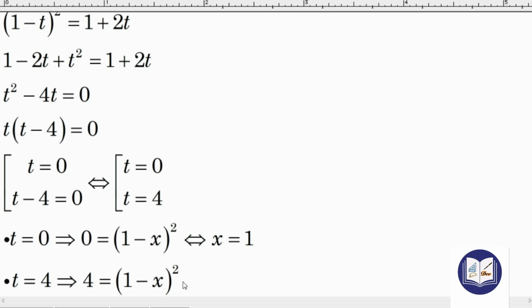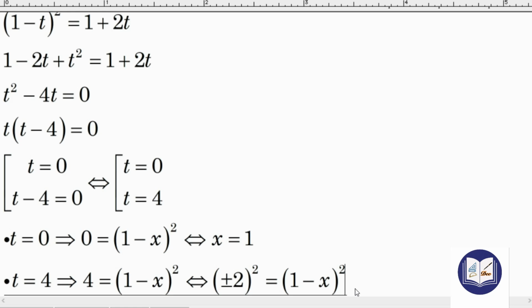That will be equivalent to, here we have 4, which could be written as plus or minus 2 all squared, equal to (1 minus x) squared. So equivalently, we got 1 minus x equal to plus or minus 2.